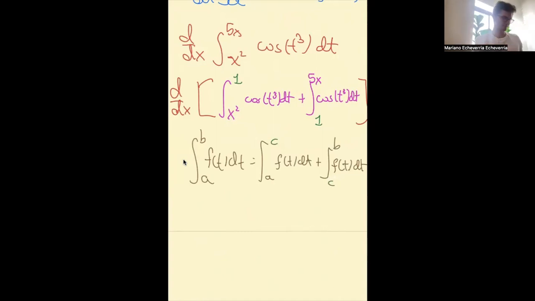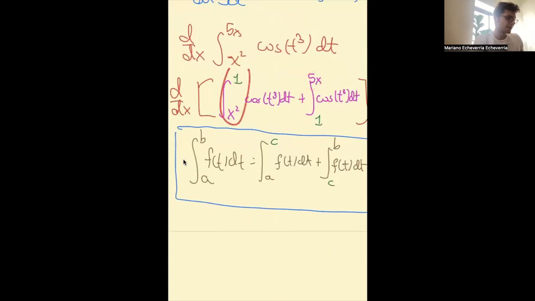Okay. And then the advantage of doing that is that now this one has only one variable on the top, and this one only has one variable, but this one still has it at the bottom, so we have to move it to the top.